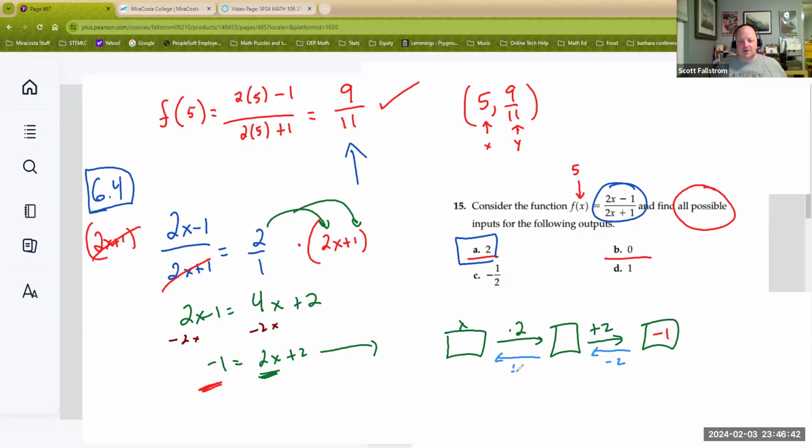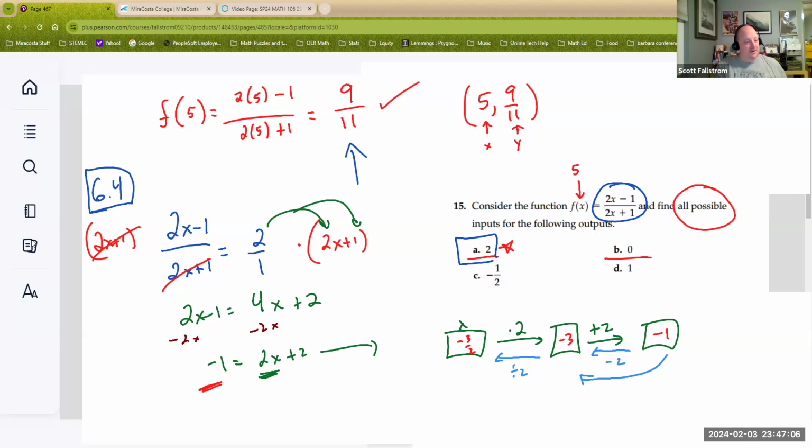If I was multiplying here, I would divide. So if I go backwards, I can actually just follow this along and say, okay, -1, but take away 2. Got it, -3. Now I have to divide by 2. So I get -3 halves. And that would be my input to get me an output of the number 2. Okay.